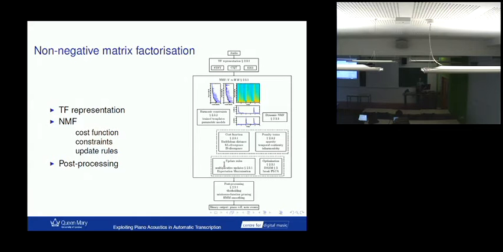Then there is very common post-processing, like thresholding to make a binary output, restricting the minimum duration of each note, and also HMM smoothing. After that, you get the piano roll or note events representation, which is what we try to get for music transcription.